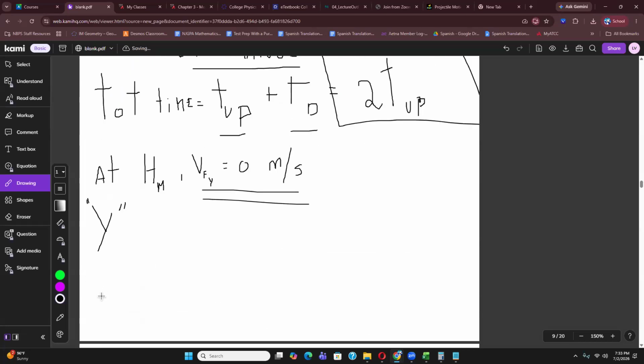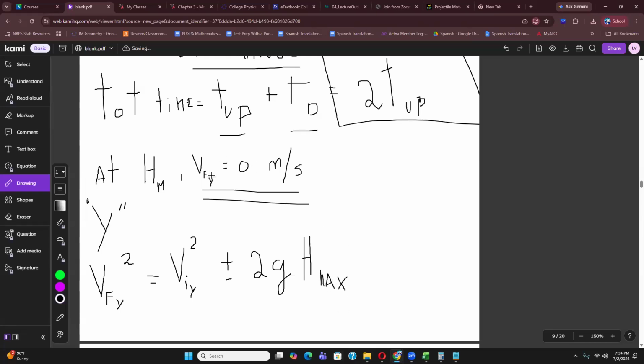So I can use this: V final on y squared equals V initial on y squared plus or minus 2 gravity times H max, or y, H max.